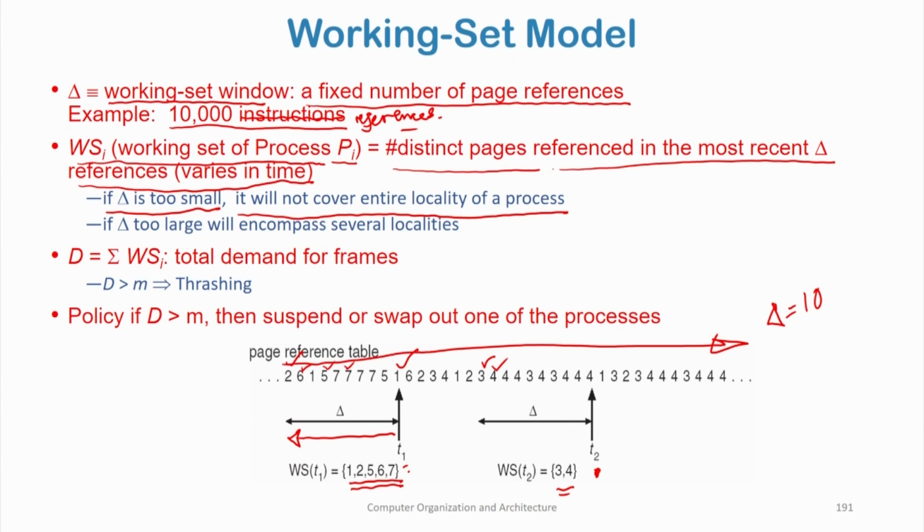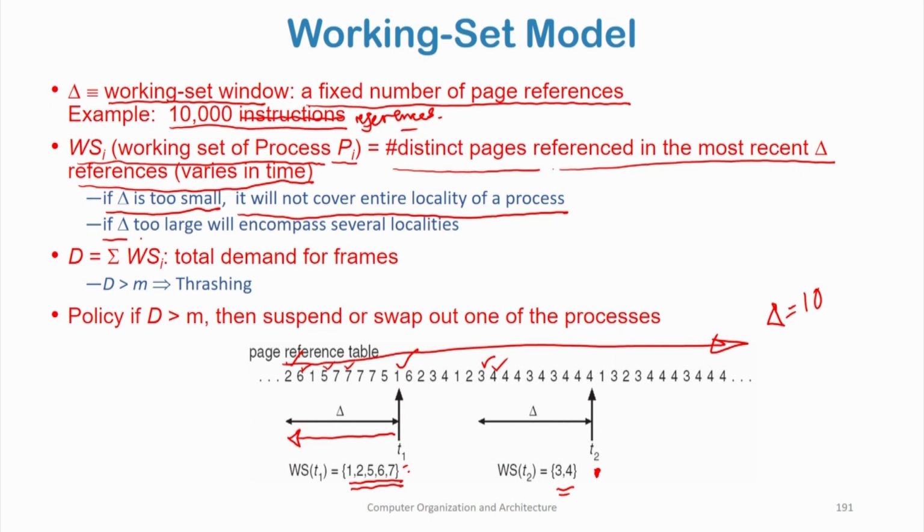Now, if the value of delta is very small, it will not cover the entire locality of the process. So, let us say delta says that the working set size is 5, and you keep 5 frames for it, it will still encounter a lot of faults, because delta is so small that it has not covered its entire locality.